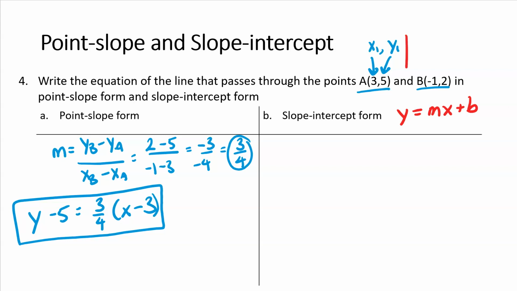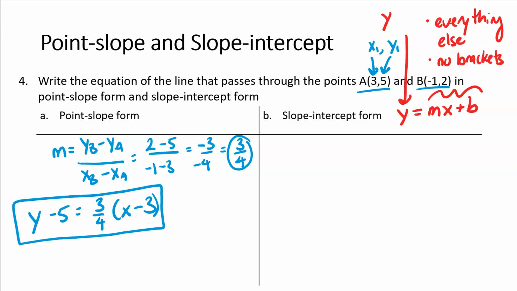One is that you have y by itself on one side of the equation, and on the other side you have everything else, plus there are no brackets. So essentially we want to take our point-slope form and rearrange it so it looks like slope-intercept form, where you have y on one side, everything else on the other side, with no brackets.